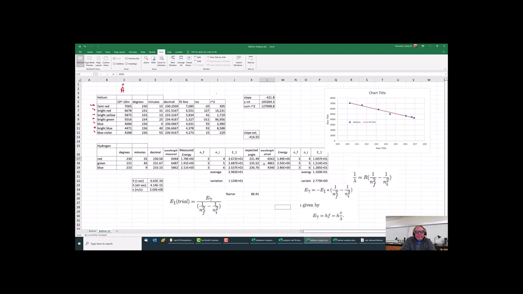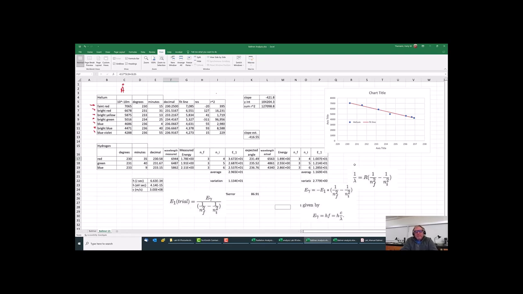So we have a couple things we can do here. We can check and see how our calibration does, actual energies and the energies that we came up with.